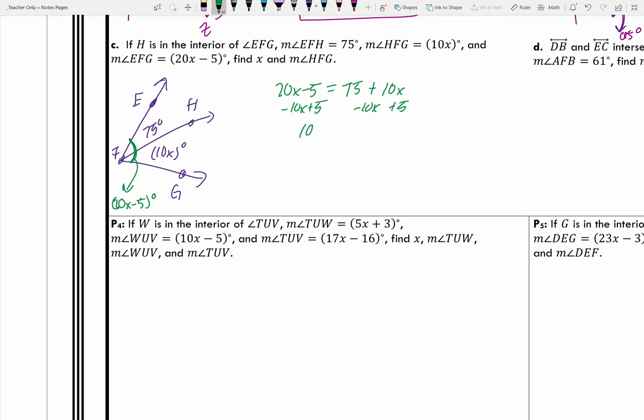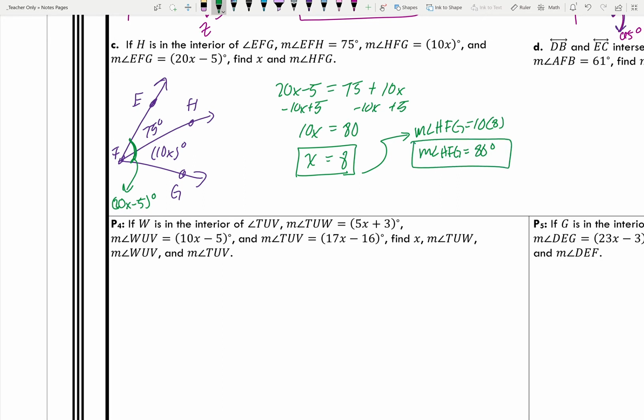We get 10x is equal to 80, divide both sides by 10, x is equal to 8. So we got our x already. Now I want to find the measure of angle HFG. The expression for that was 10 times x, so 10 times 8 is equal to 80 degrees.